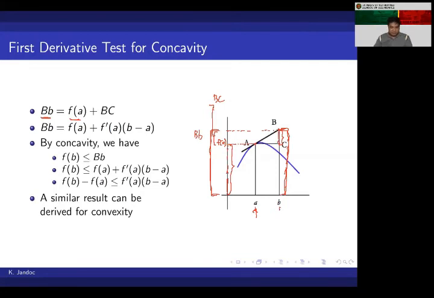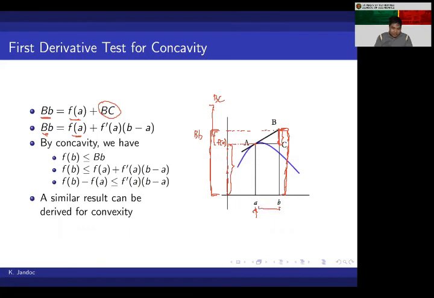I hope you're following. Now, notice this. What is BC? BC is this height, and this height is the rise, and B minus A over here is the run.